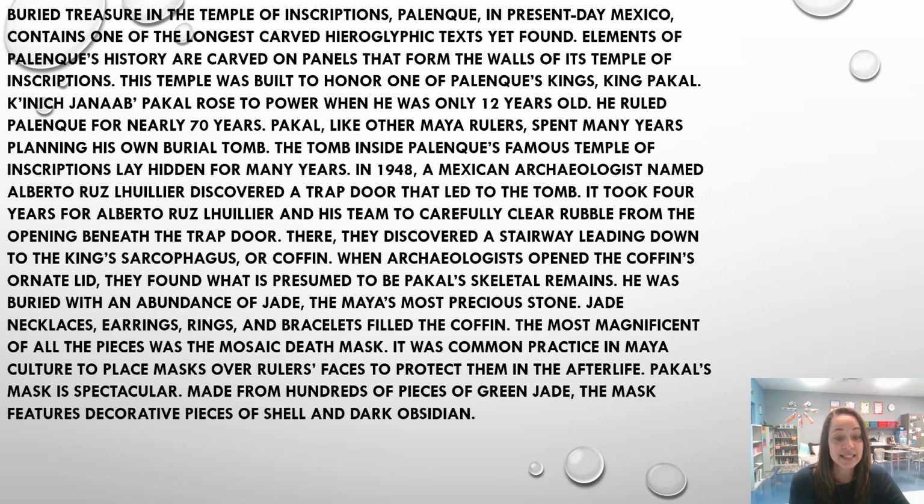It was common practice in Maya culture to place masks over rulers' faces to protect them in the afterlife. Pakal's mask is spectacular, made from hundreds of pieces of green jade. The mask features decorative pieces of shell and dark obsidian.